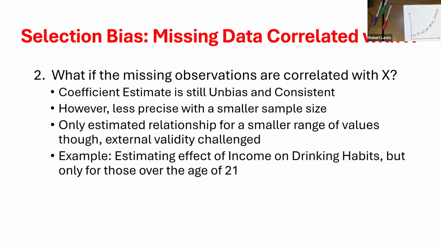What I had in the slides, and what I would expect you to answer, is only how missing data correlated with X would impact my results from a simple linear regression. We said it wouldn't impact the size of that coefficient. It would still be unbiased. The statistical significance would be lower because of a smaller sample size, but it didn't impact the size of that estimate.